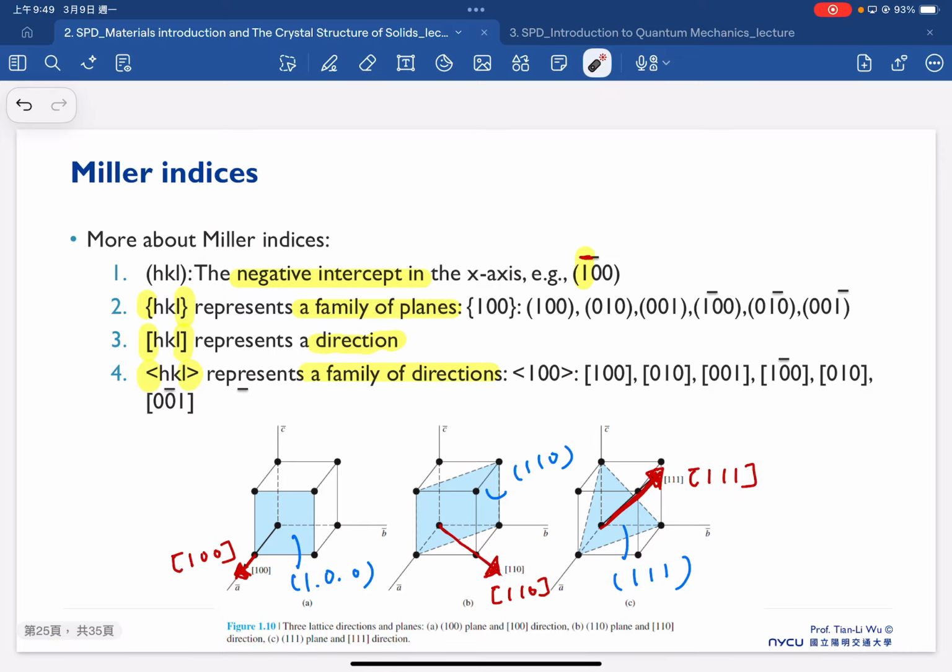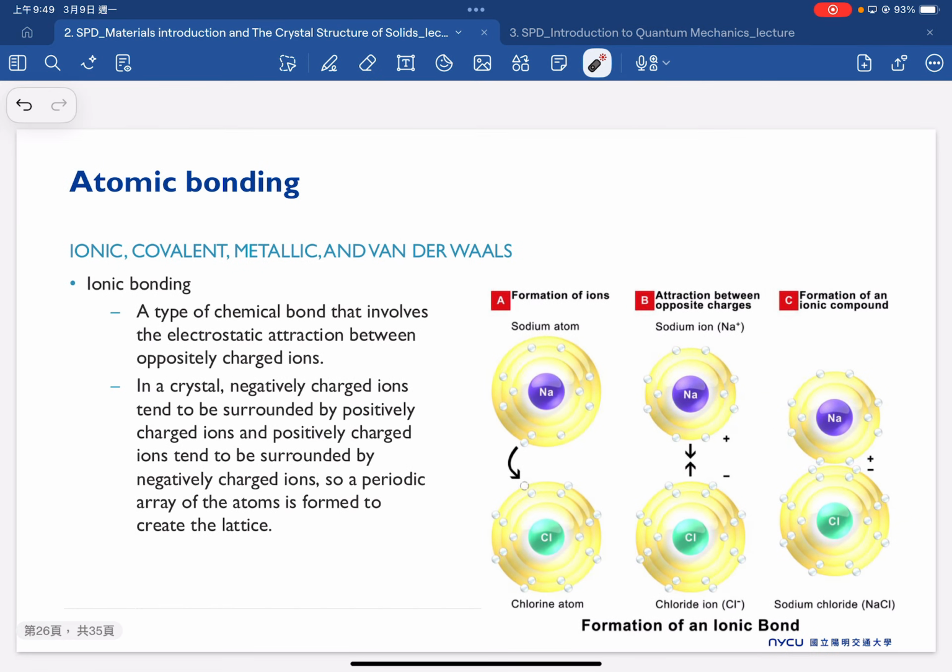Okay, so now we move to something very fundamental: understanding how two different atoms can form bonding. This should be knowledge that you have learned from general chemistry. In general chemistry or general material science, you probably know that there are several ways to form bonding. The first one is ionic bonding.